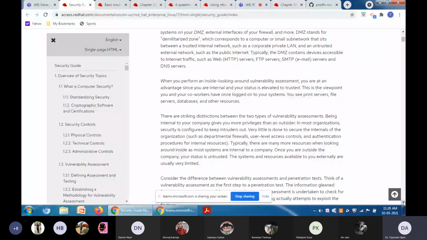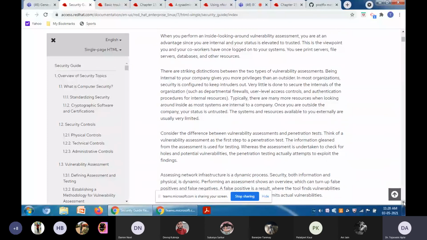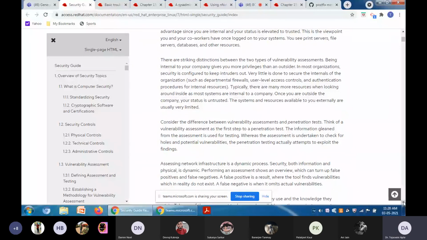Please make sure about it. Inside attackers are quite costly compared to outside attackers, because these people are aware of the entire infrastructure, the configuration details, and the way the services are accessed over the network.